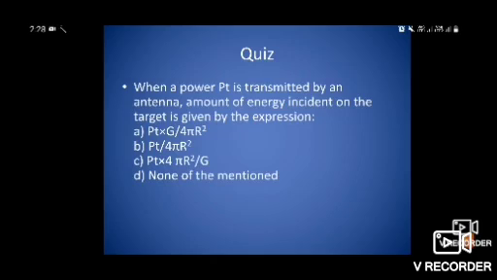That means whenever we transmit signals having some power, PT, the amount of energy incident on that particular target, when it strikes the target, can be given as PT, the transmitted power, into G, the gain of the antenna, divided by 4 pi r square. What does r mean? It is the distance to the target, square of the range of the target. Okay.